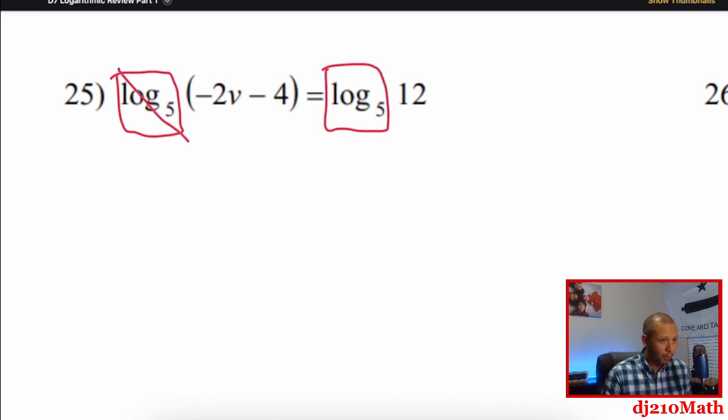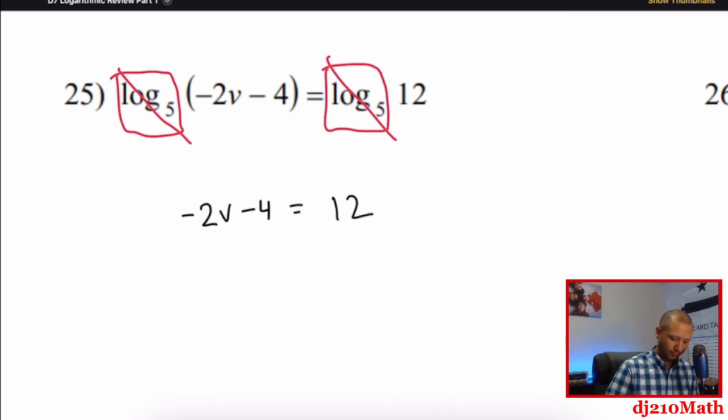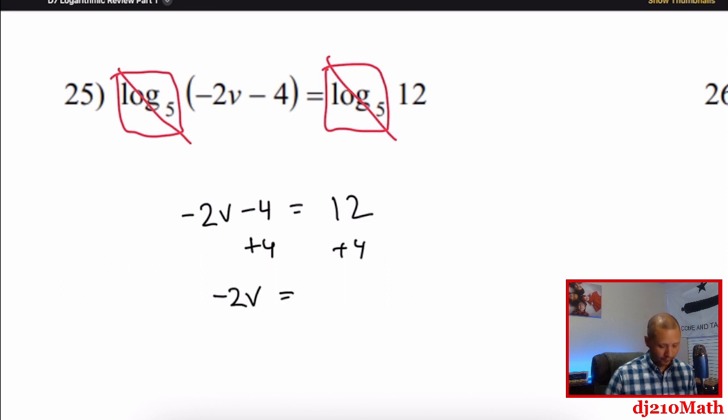Because if I have a log on both sides of the equation that have the same base, then their arguments must match. So this is basically negative 2v minus 4 is equal to 12, right? The arguments have to match. Basic algebra. Solving for one variable and then dividing both sides by the coefficient. So v is equal to negative 8.